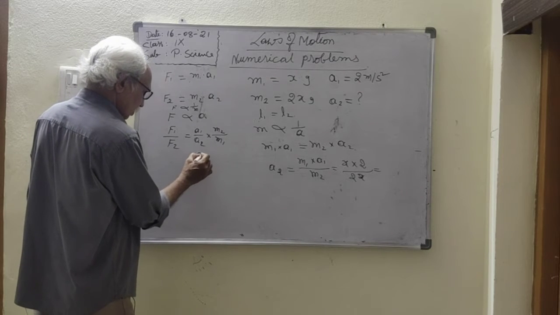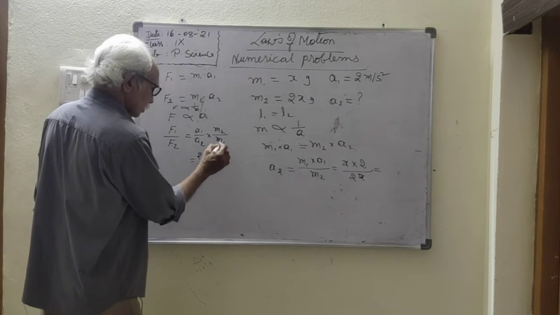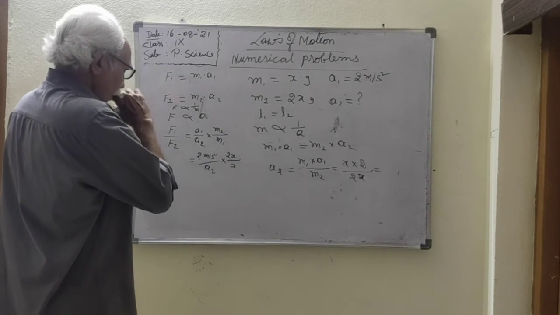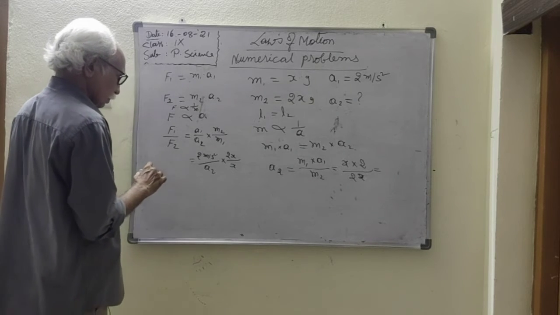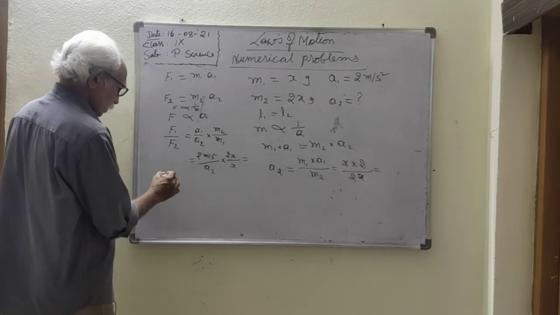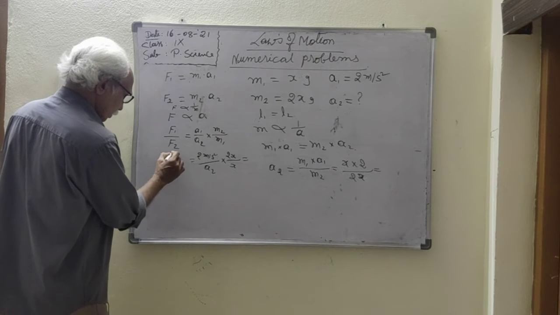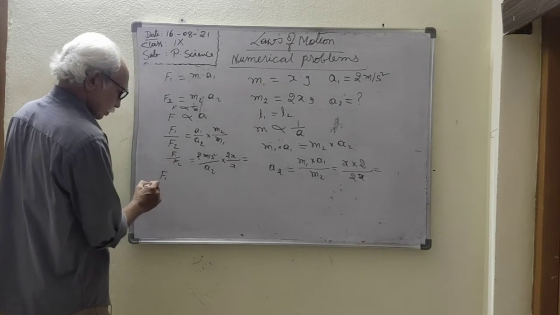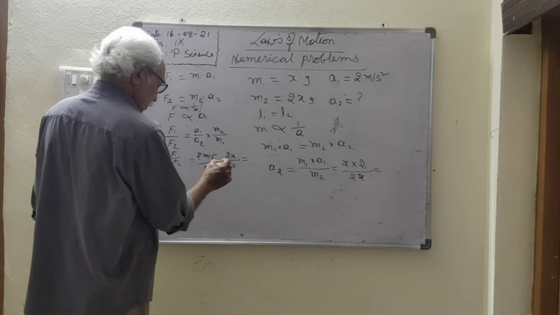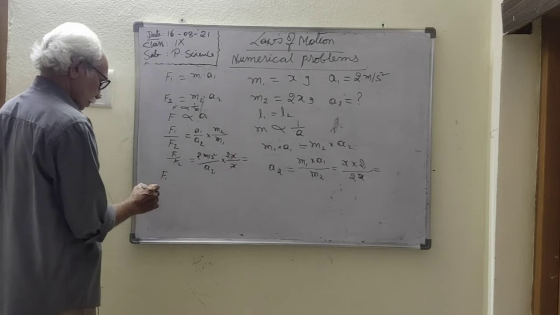So according to this equation, F1 by F2 is equal to 2 meters per second square by A2 into 2x by x. The x is cancelled, so 2 into 2 is 4.